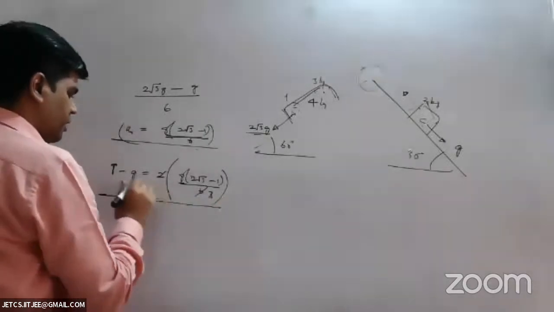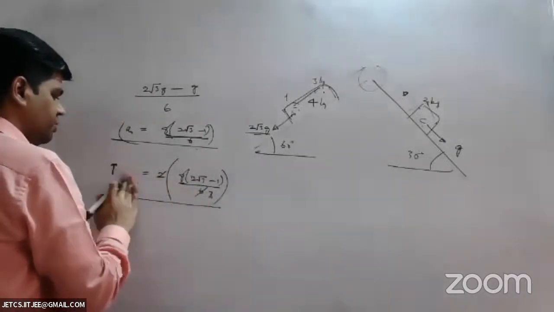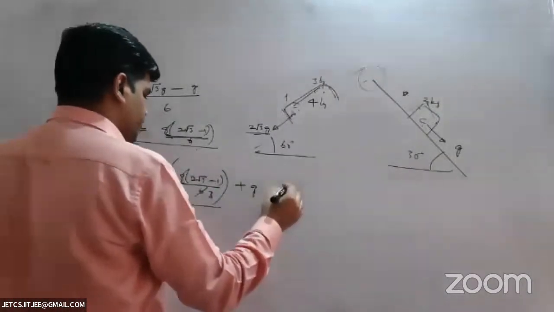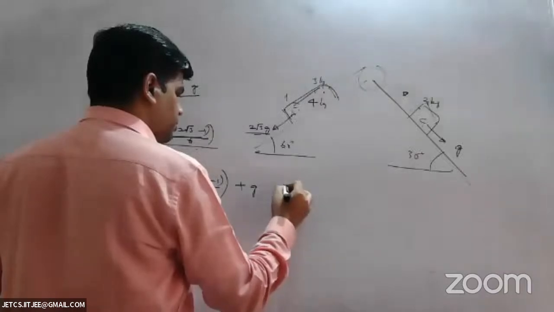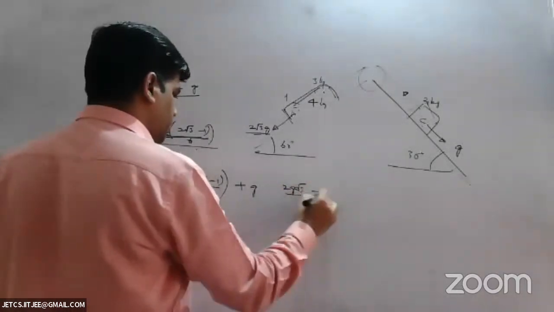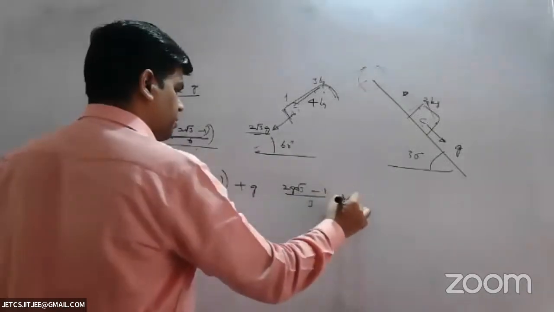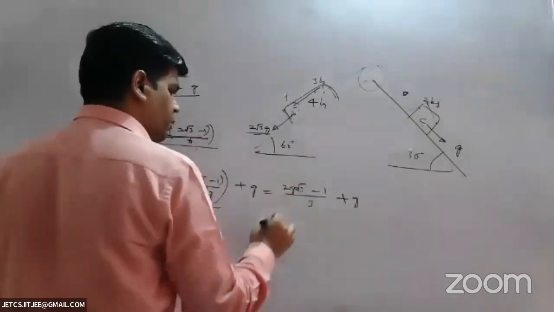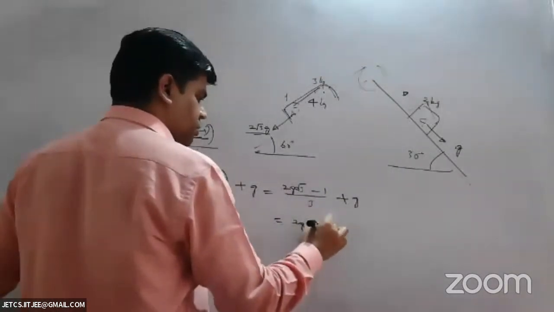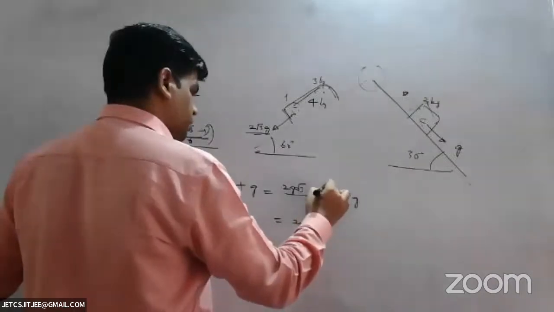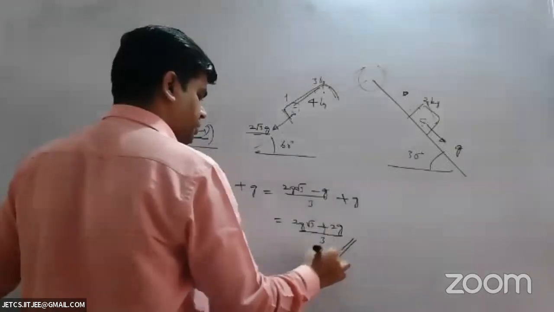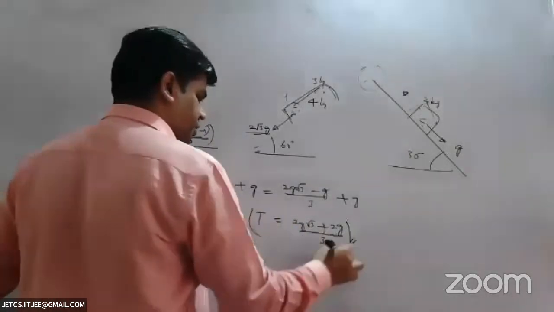I take G to this side, and I get the tension in the string to be the acceleration term plus G. So that would be G into (2 root 3 minus 1) by 3, plus G. So that would be 2G root 3 plus 2G by 3. This is my tension in the string.